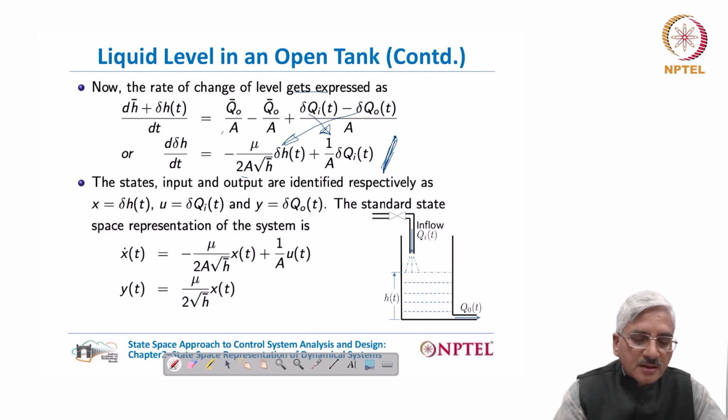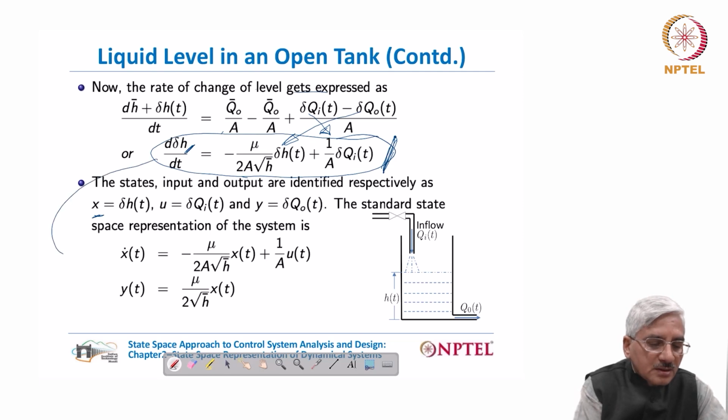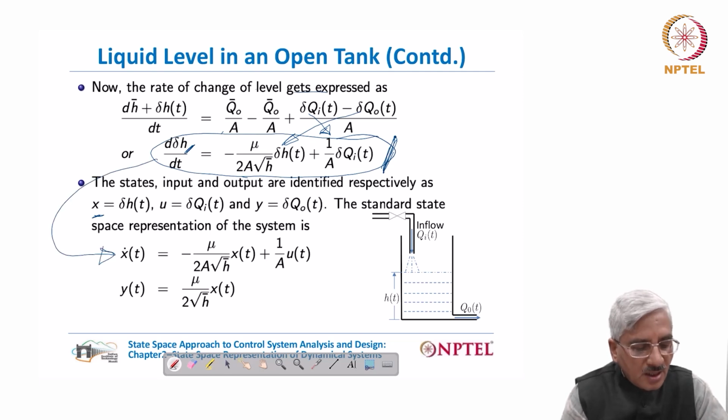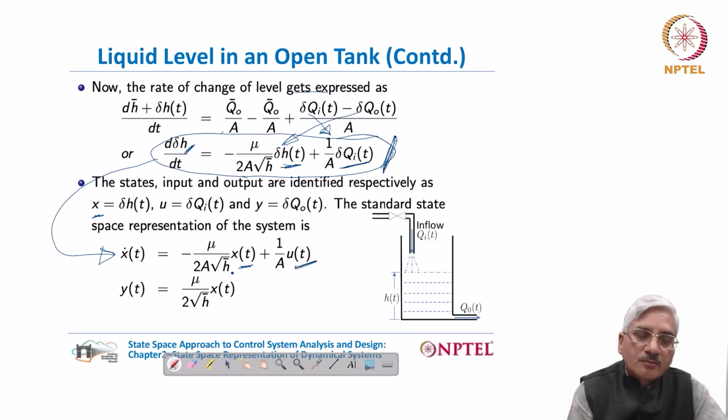Now at this point, we identify delta H itself as the state x of the system. So this equation will give us the state equation: x dot equal to minus mu by 2A root H bar times x(t), plus 1 by A times delta Qi, which is the input. The incremental change in the input around the point of equilibrium we are expressing as the input u.